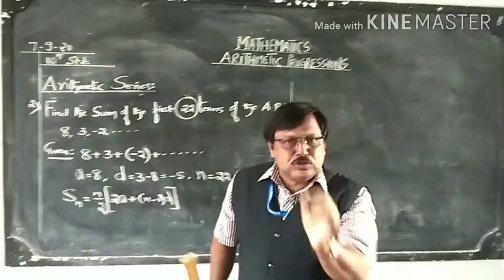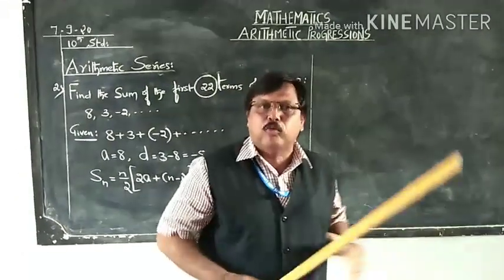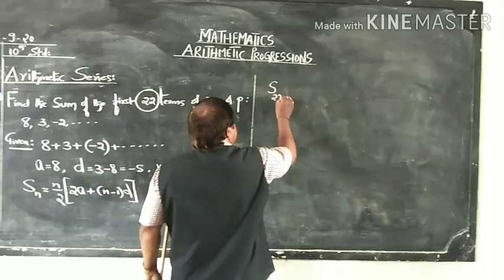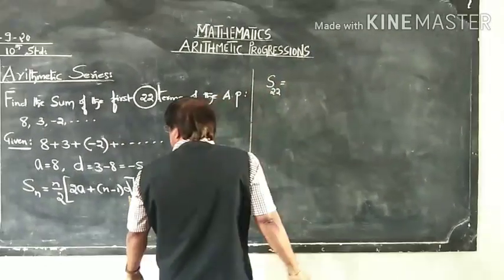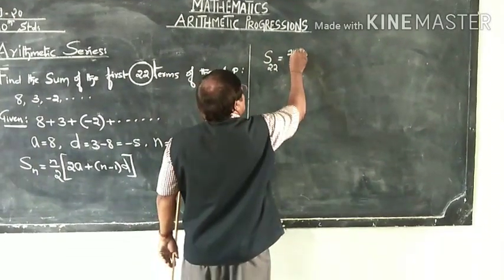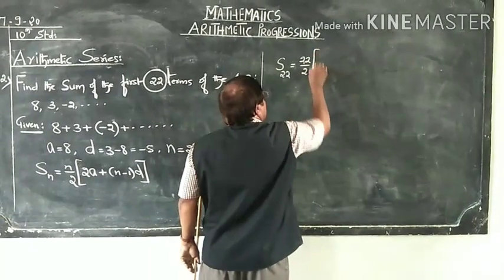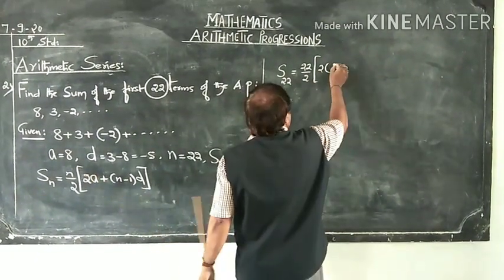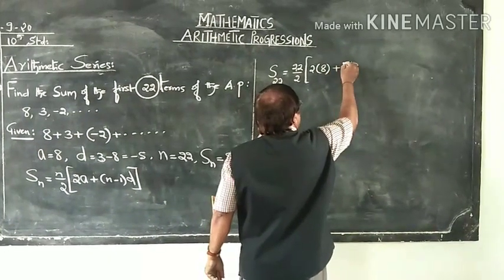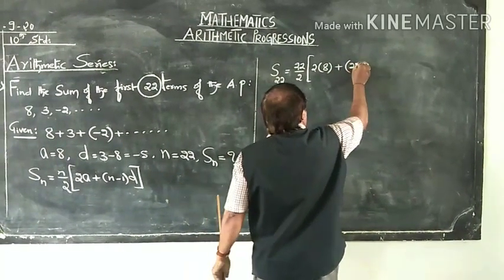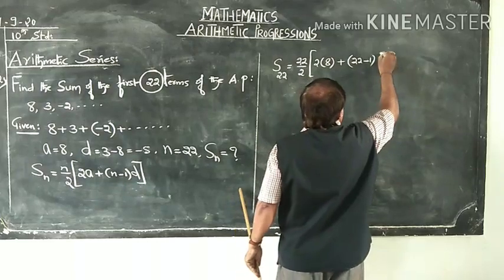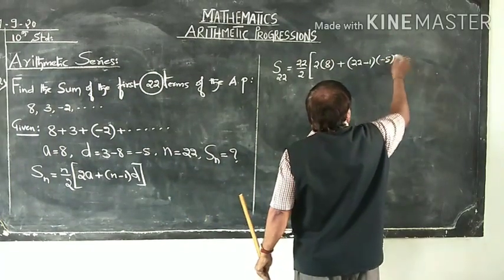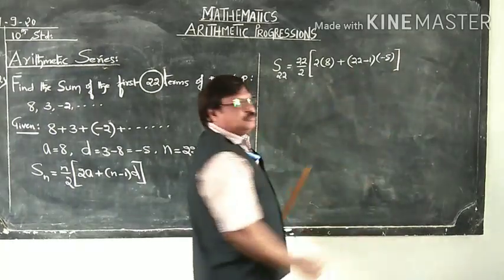Now you have to substitute the values in the formula. S22 is equal to 22 by 2 into 2 into 8 plus 22 minus 1 into d, which is minus 5. Like this you have to substitute.